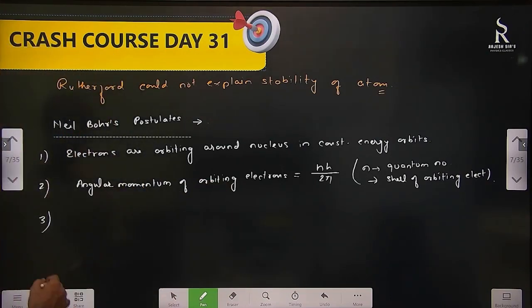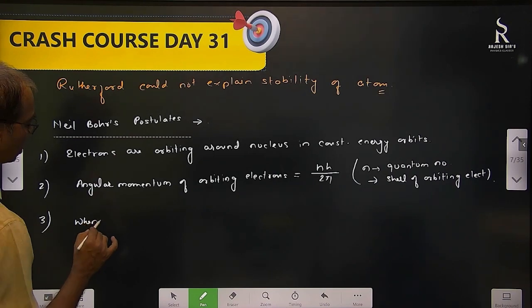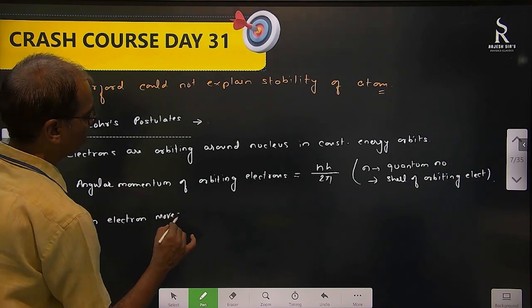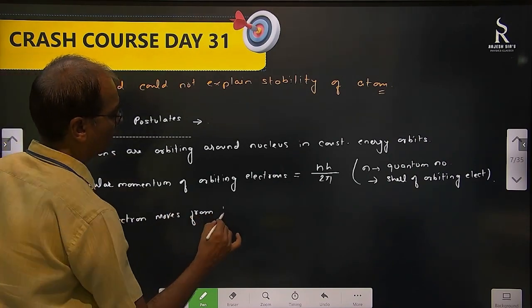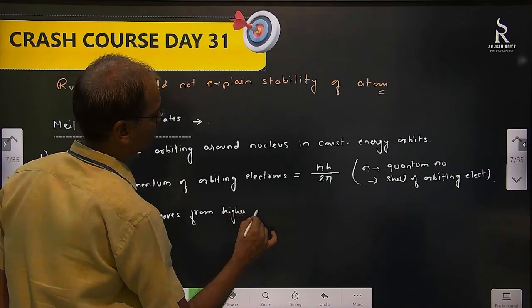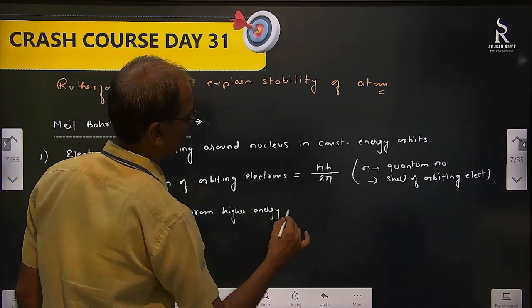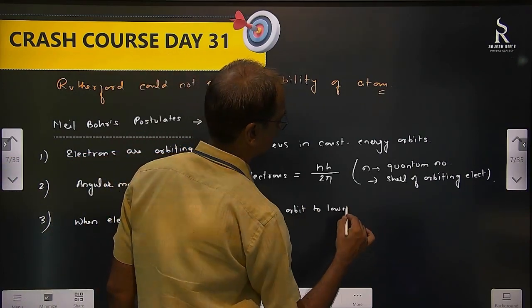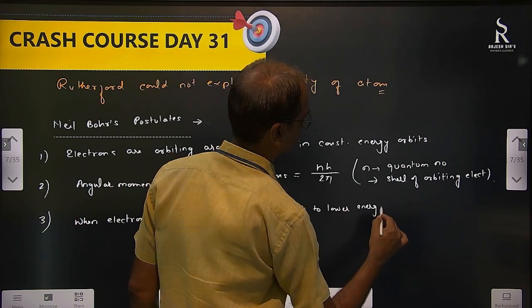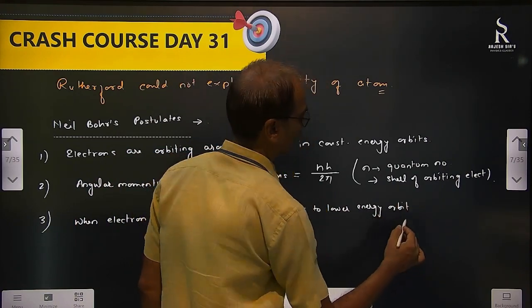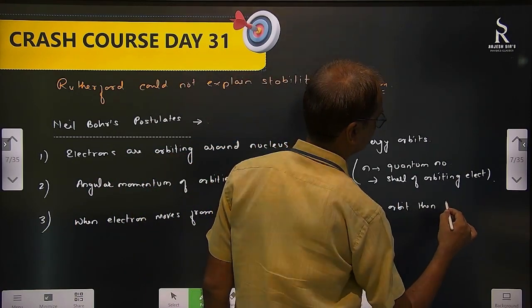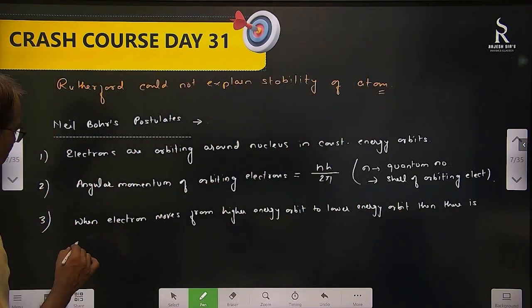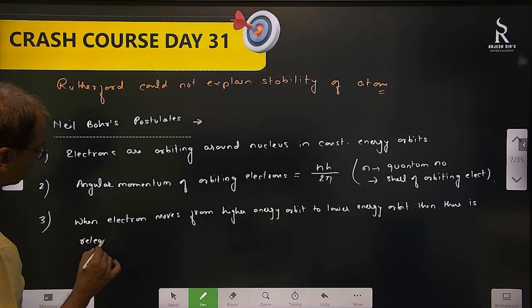When an electron moves from a higher energy orbit to a lower energy orbit, then there is a release of energy.